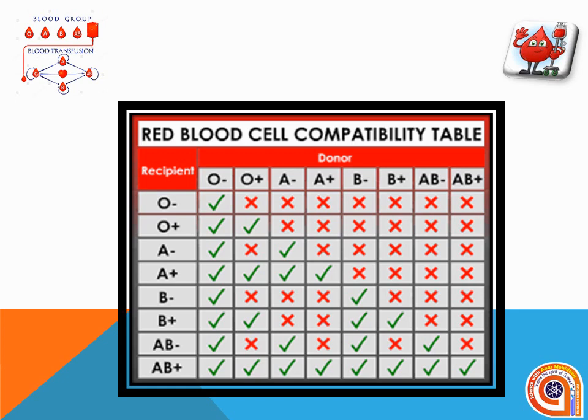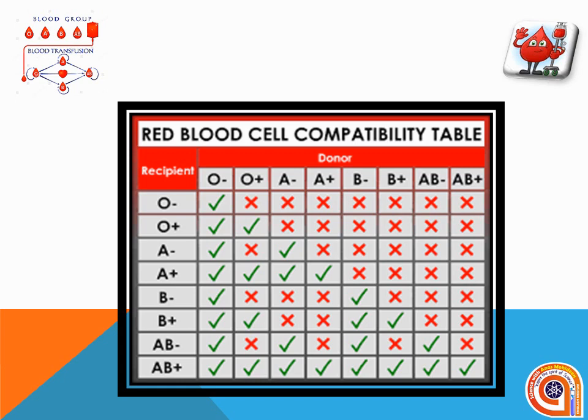And if we take the blood group B minus, since minus could be donated for both plus and minus, group B minus could be donated for B minus, B plus, AB minus and AB plus. But if we take B plus, it could be donated only for B plus and AB plus.